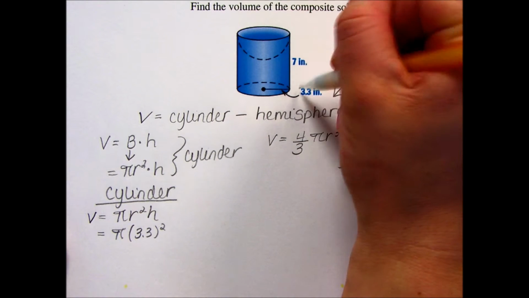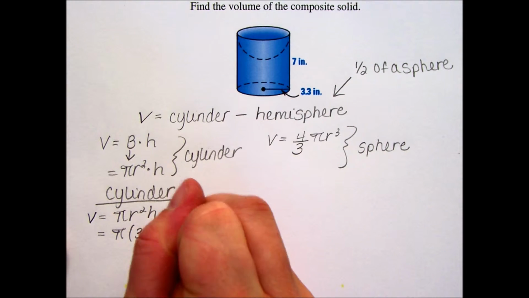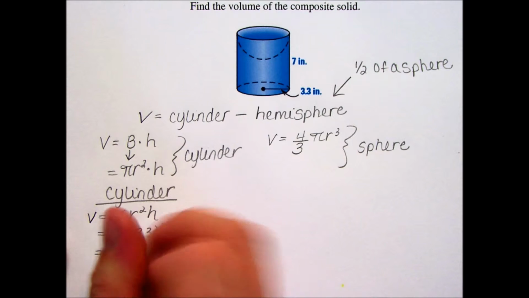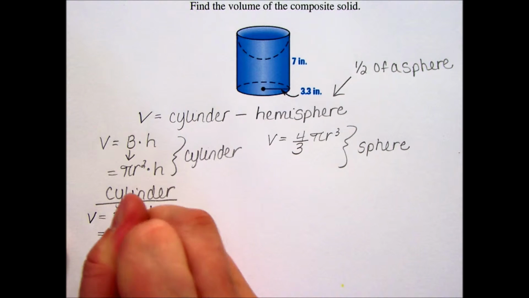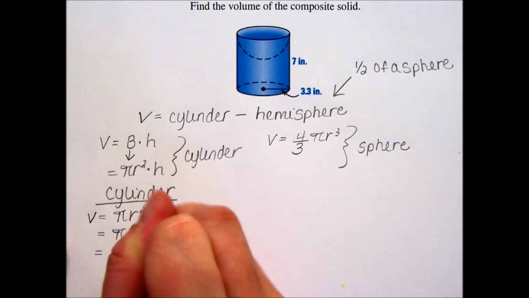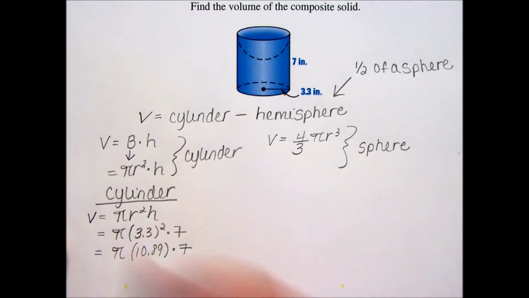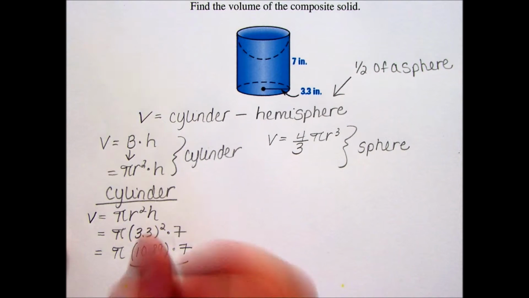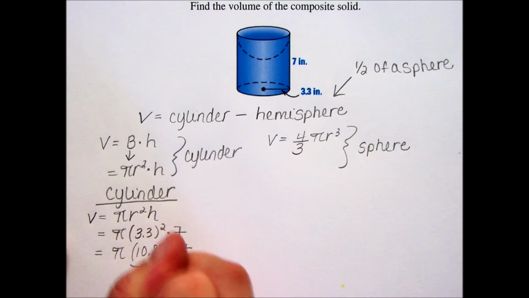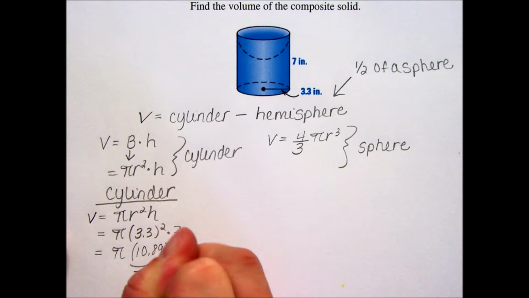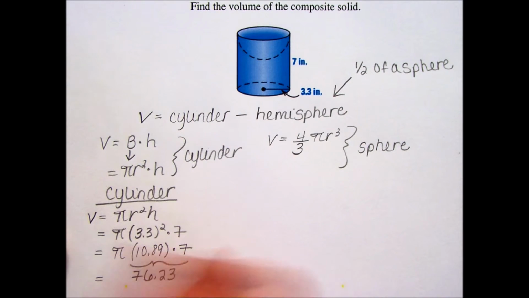And h in this problem is a 7, so we replace h with 7, and we begin to evaluate. So 3.3 squared is 10.89, and for now we're just going to multiply our coefficients, 10.89 times 7, to get 76.23 pi inches cubed, and that's the volume of the cylinder.